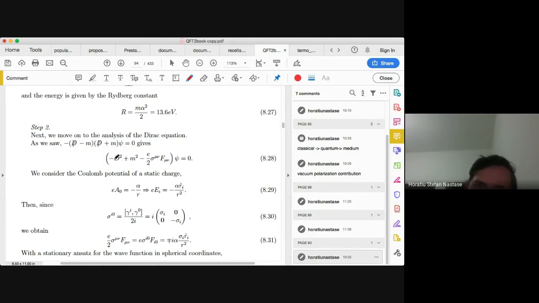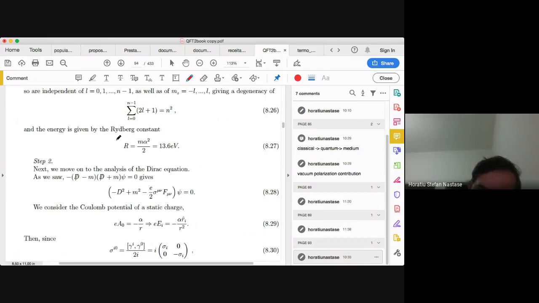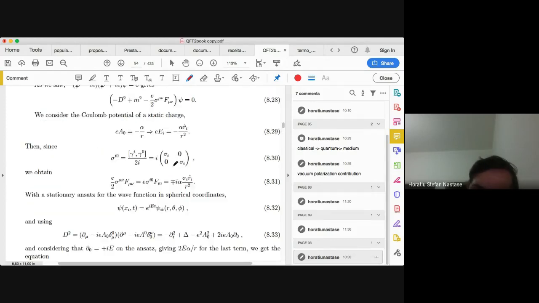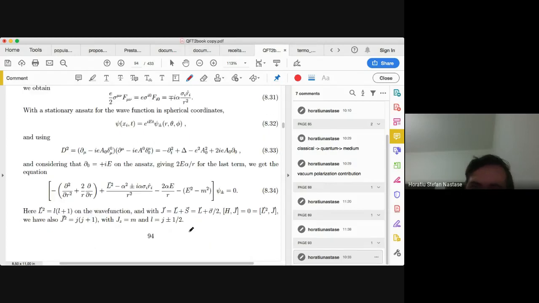But part of it is the non-relativistic one, which is this one, identified as minus delta from here. And then from this term, I also identified this term as 2e alpha over r.